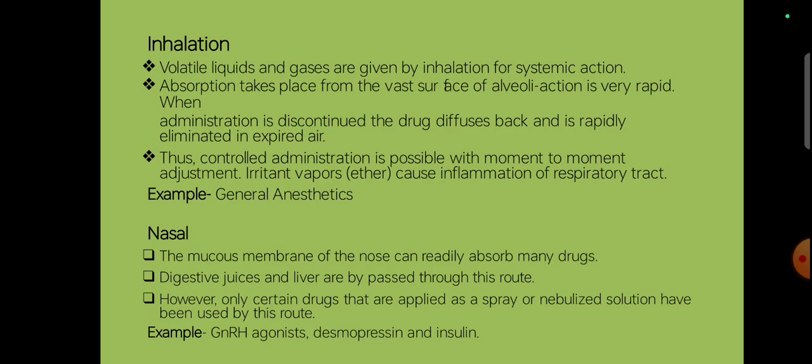Example, general anesthetics. The mucous membrane of the nose can readily absorb many drugs. Digestive juices and liver are bypassed through this route. However, only certain drugs that are applied as spray or nebulized solution have been used by this route. Example, GnRH agonist, desmopressin and insulin.